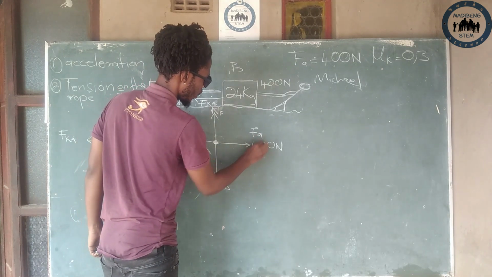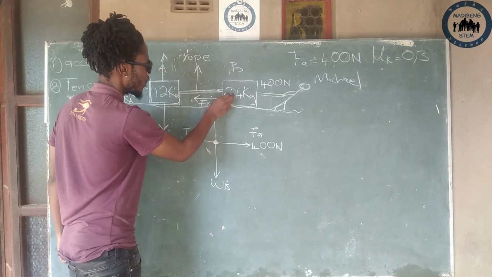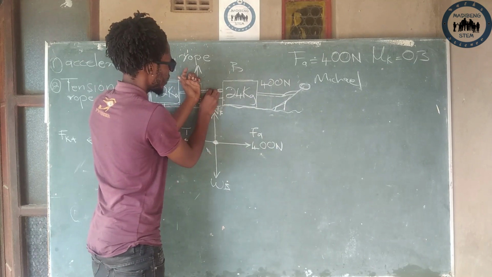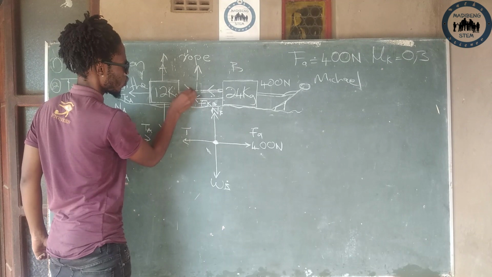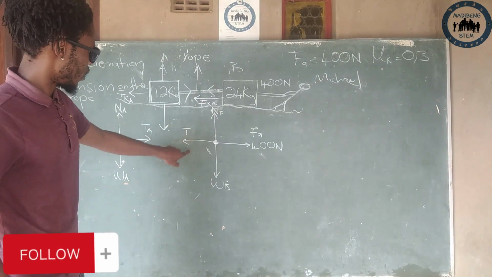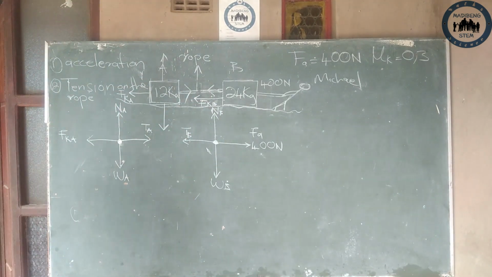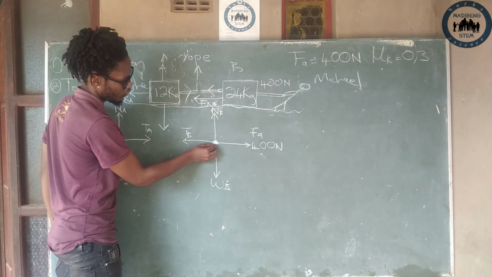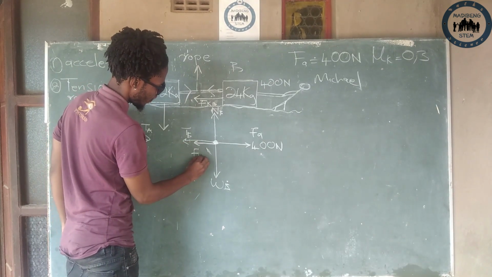There is also tension. So tension in this block will act away from this block. So even to this block, tension is also acting away. You see, this here is tension, it's acting away. Here is tension, it's acting away. You understand? So we also have frictional force FkB.